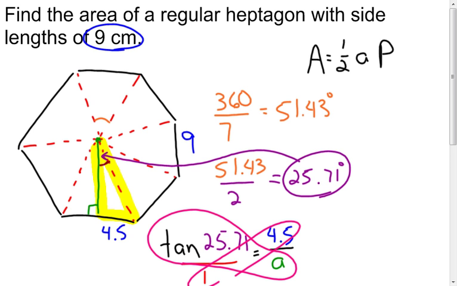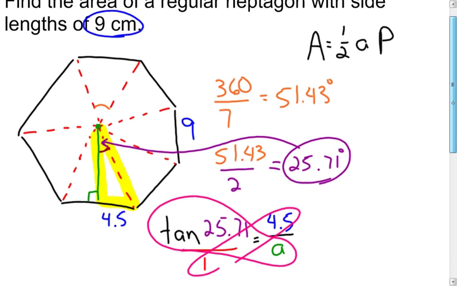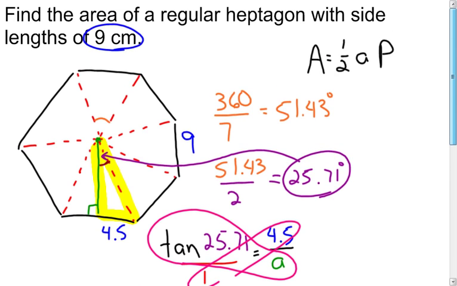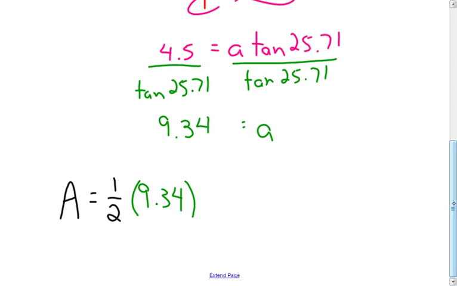So what I've done is I haven't rounded anything until now, at the very end, where I got that 9.34. Now that I have my apothem, I can go back to my area formula of a regular polygon, 1/2 times the apothem, which I just calculated at 9.34. I still have that number on my calculator because I'm going to need to use that. And then I need to multiply by the perimeter. Well, each side was 9, so 9 times the 7 sides, and I'll have it.